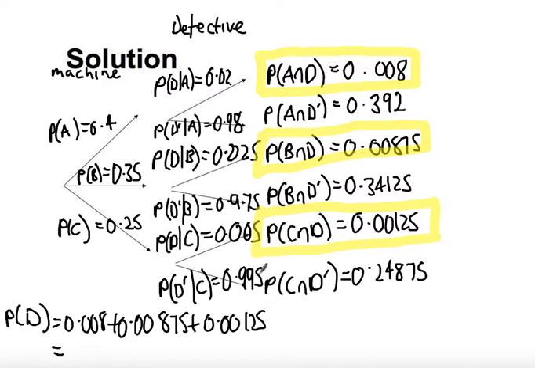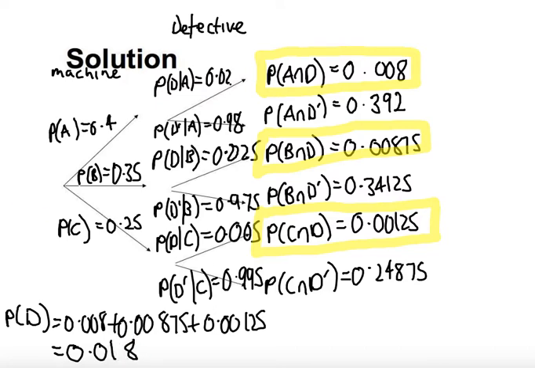Okay, so just using the OR rule, just like we do in GCSE. If I add these probabilities together, what we get is an answer of 0.018.